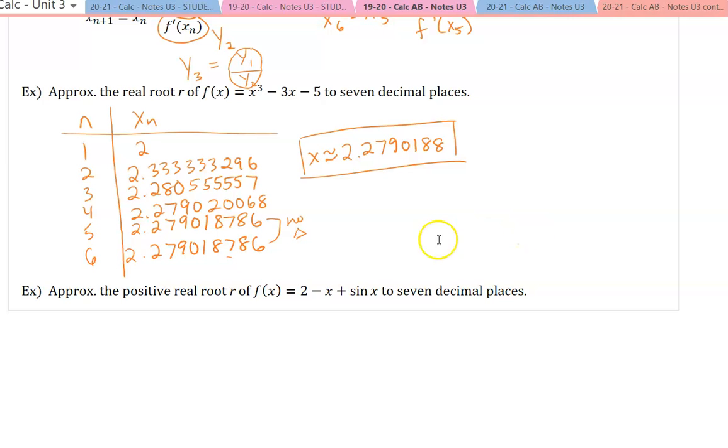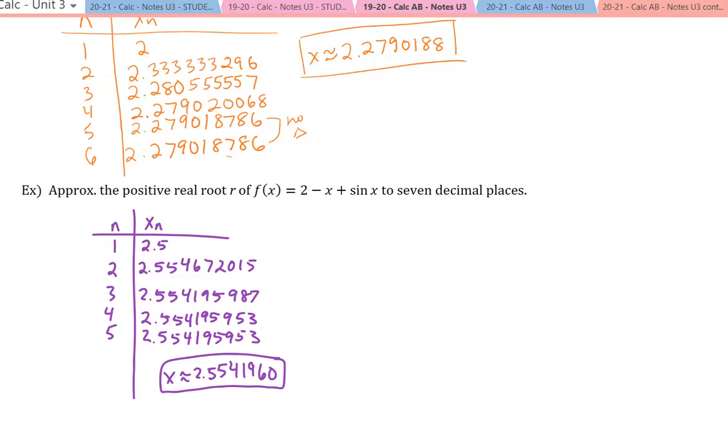So you can start wherever you want, but you should end up with the same solution. Okay, I started mine at 2.5. Again, if you started somewhere differently, you might have a different number of steps and different values here, but you still should close in on the same value, which is a solution of approximately 2.5541960.